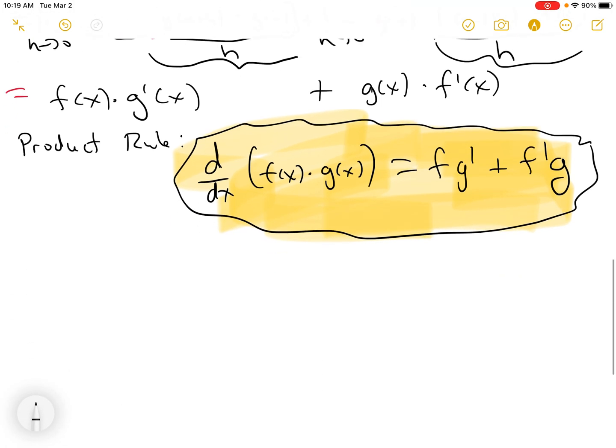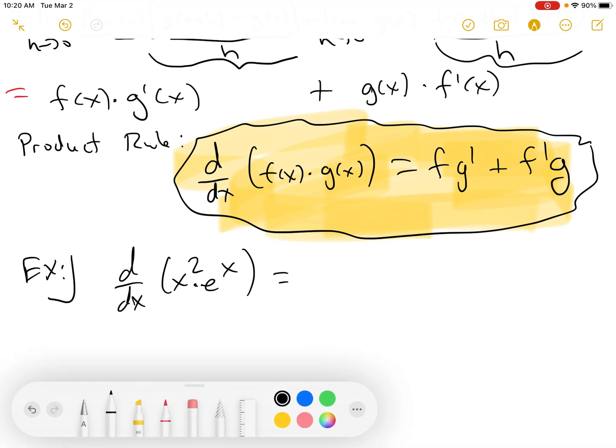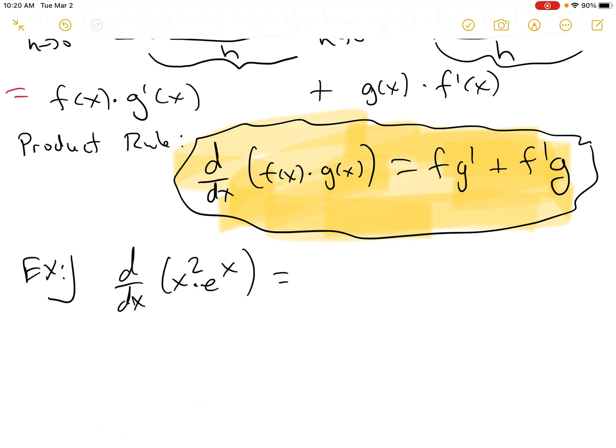So let's look at an example here. What's the derivative of x squared times e to the x? Right? So in this game, just so I'm crystal clear, this guy is f and this guy is g.